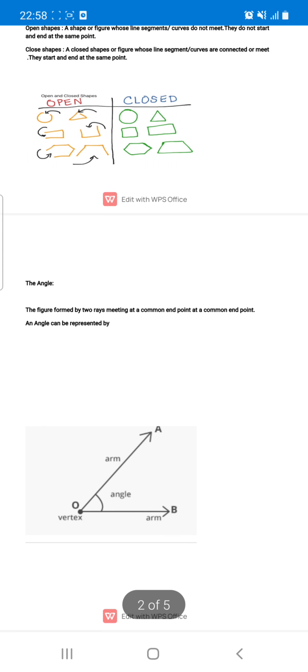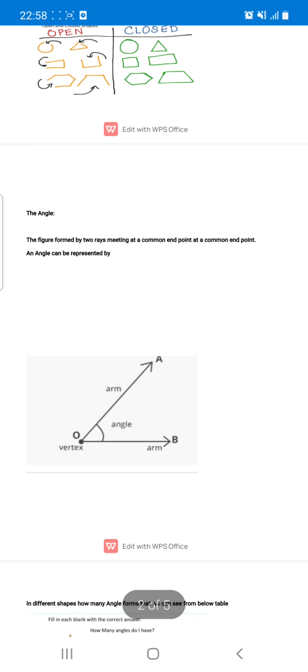Now about angles. The figure formed by two rays meeting at one common endpoint is called an angle.